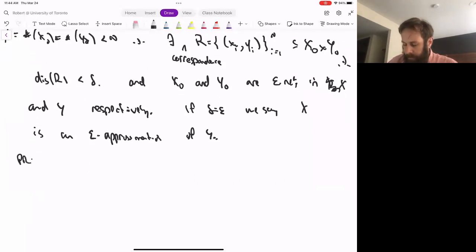And so here's the utility of this definition. This is again a proposition from Burago and Ivanov.